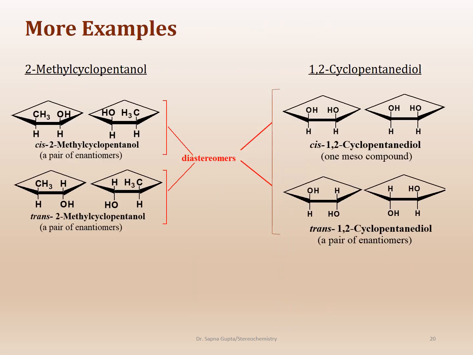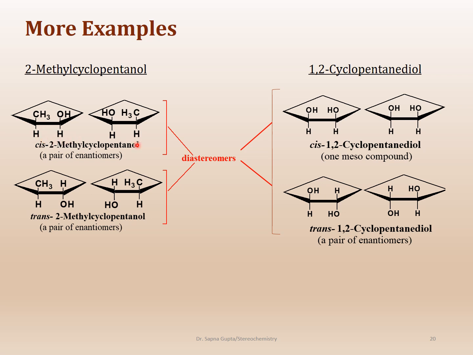Here are some examples of diastereomers, and in this case we actually have rings also, because so far we have not really quite worked with rings. So here we have 2-methyl cyclopentanol, which means that there's an alcohol group and there's a CH3 group. In case of the CH3 and the OH, you can have two relationships because they have two H's.